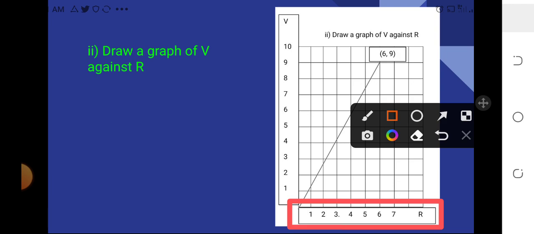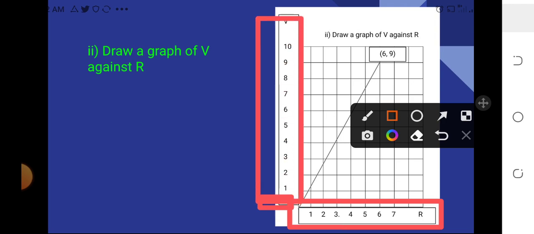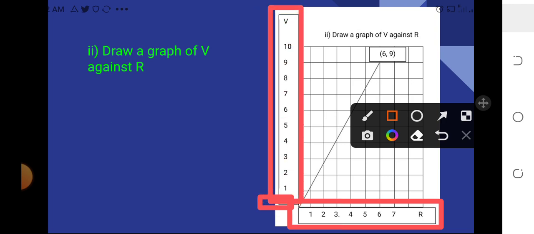Then on the y-axis we have written the values of voltage V, starting from 1 to 10. The value which is given in the question is 9.